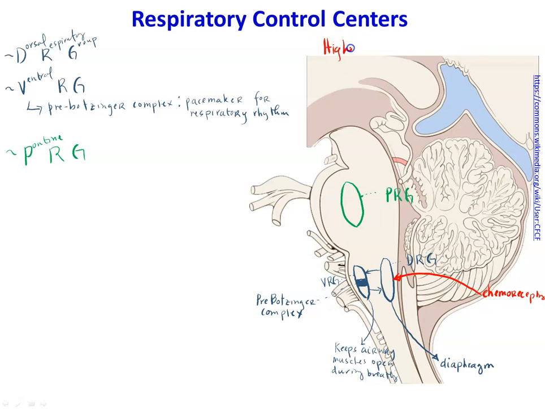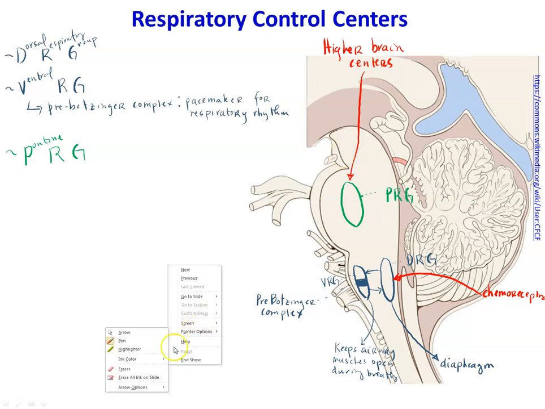Limbic system, cerebral cortex, all of those higher brain centers. Am I afraid? Am I nervous? I'm going to start to hyperventilate, right? Okay. So the higher brain centers will now send signals to the pontine respiratory group. And in turn, the pontine respiratory group is going to now light up. What color? Green.